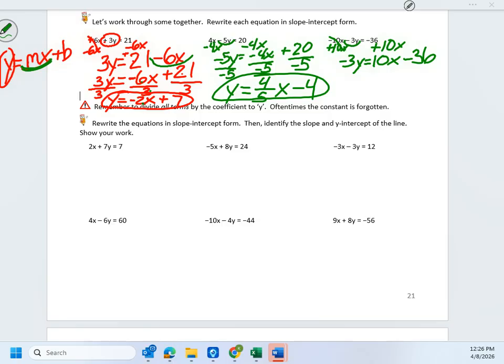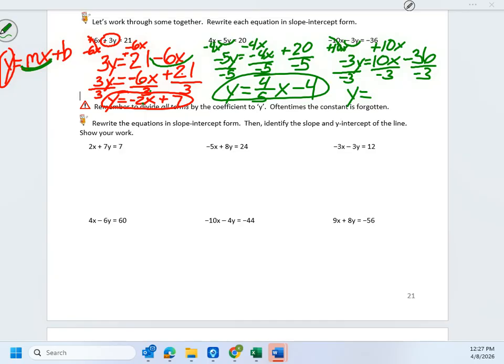What's my second step? Ellie? Divide all the terms by negative 3. Yes. Divide every term by negative 3. Negative 3 divided by negative 3 is a positive y. 10 divided by negative 3.